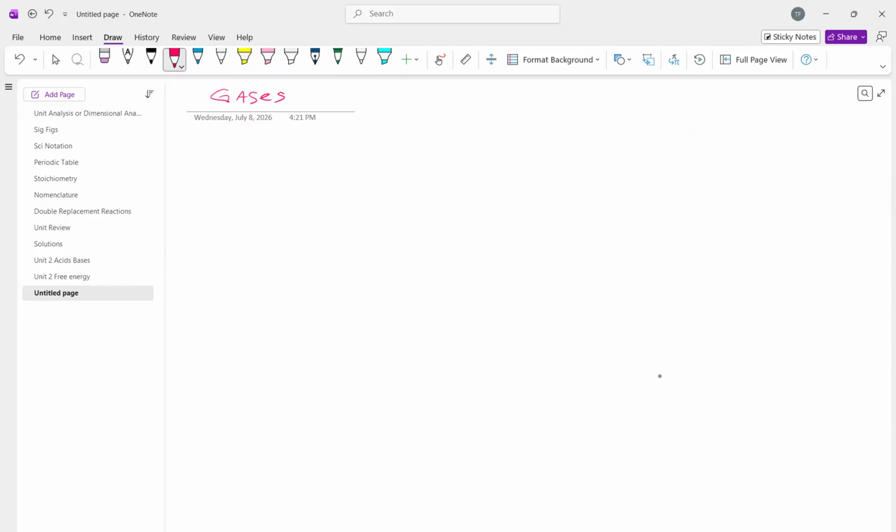Remember we talked about gases at standard temperature and pressure, where a mole is 22.4 liters. That's only at STP. What if it's not at STP? This will tell you what the liters will be.